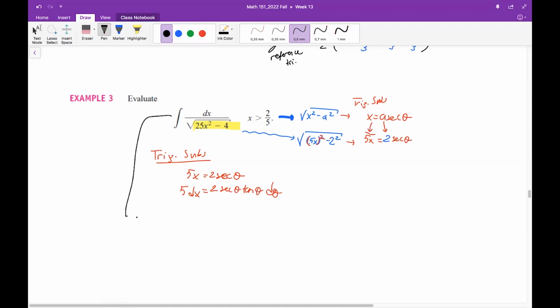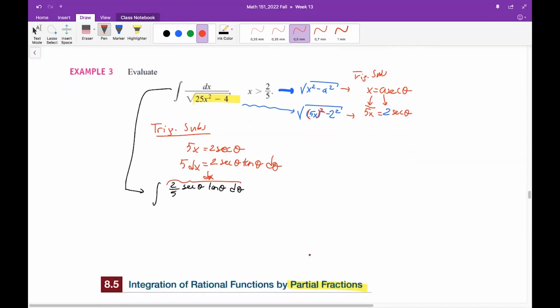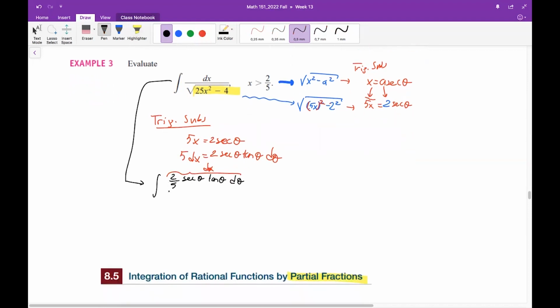Now, let's transform the integral. Instead of dx, what should I write? I should write 2 over 5 times secant theta tangent theta d theta. This is written for the dx. Okay, and what do we have at the denominator?